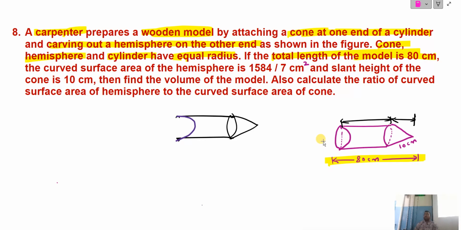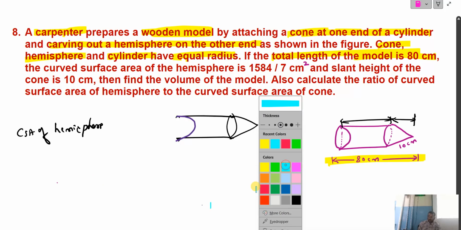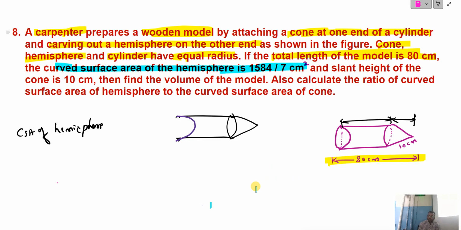Now the total length is given, but they have not given the individual heights. We still don't know the height of the cylinder and the height of the cone. Now the curved surface area of hemisphere they have given: 1584 divided by 7 centimeter square.